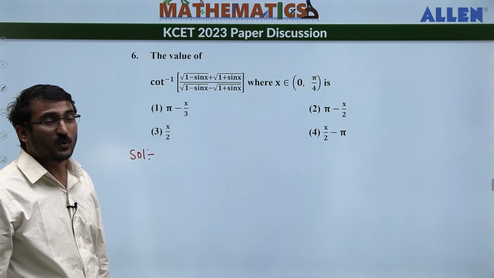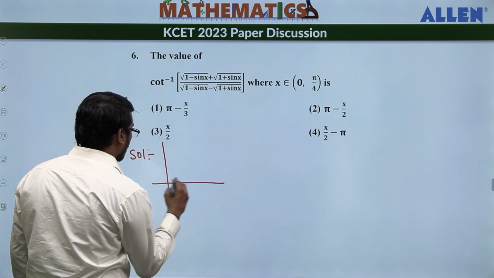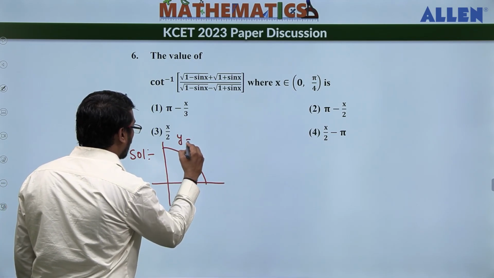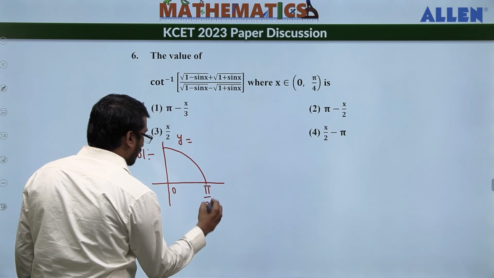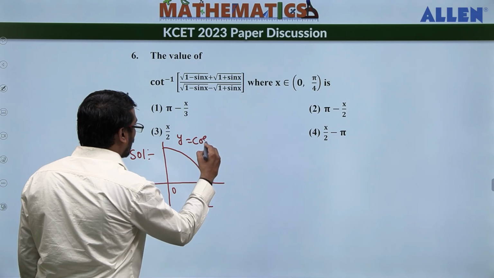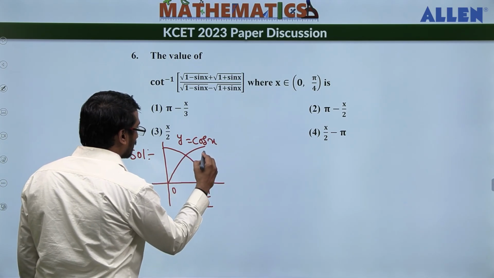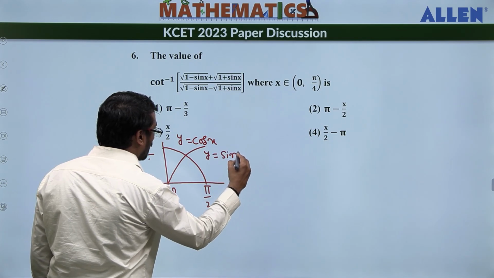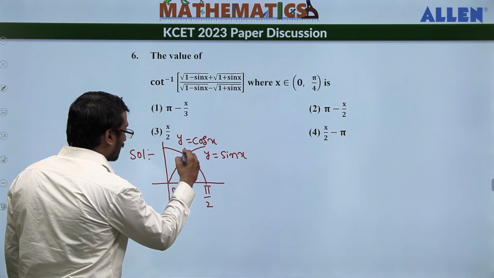So which point are we going to use here? This is y is equal to cos x from 0 to pi by 2. This is y is equal to sin x from 0 to pi by 2. They meet at pi by 4.